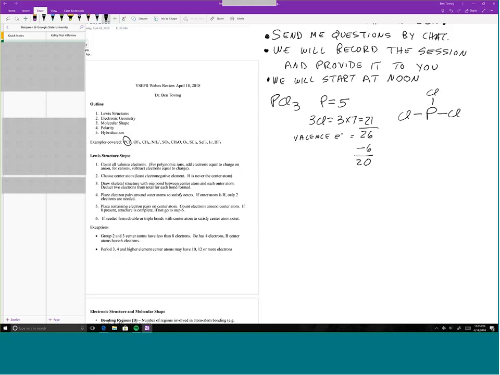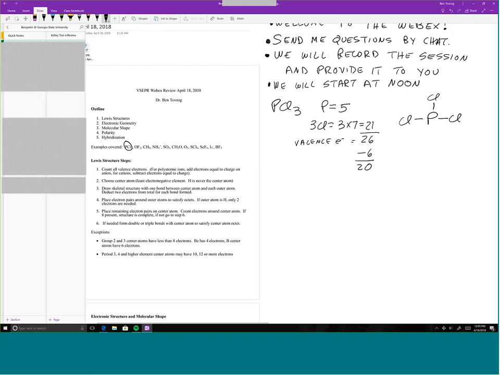Step 4 says place electron pairs around outer atoms to satisfy octets. Now, as you recall, the way we count electrons in a molecule, the electrons that are involved in a bond are counted both on the outer atom and the center atom. So if we look at this chlorine, for example, right now, it has 2 electrons by virtue of the single bond. So to go to its full octet means we have to add another 6.